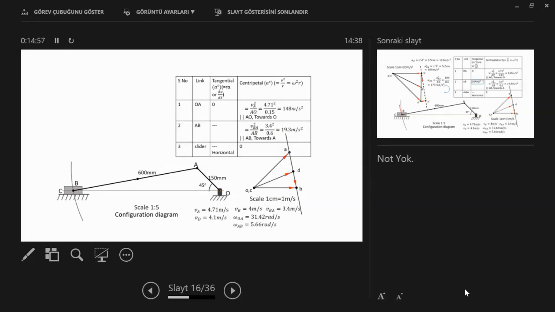And how can we calculate the normal component? It is VBA squared over AB. We have to calculate the relative VBA, and since we know VBA, over AB we can calculate the magnitude of the normal component.